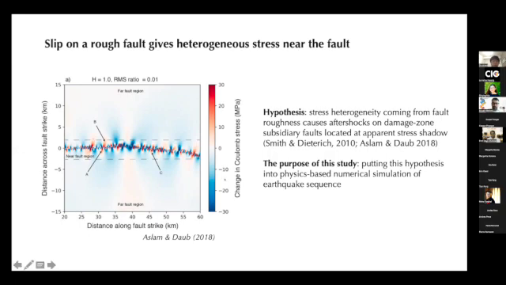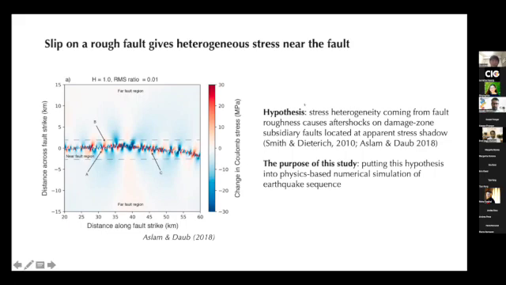The Coulomb stress is increasing after the earthquake. So we can make a hypothesis for earthquakes happening at conventional stress shadows. The hypothesis is that stress heterogeneity coming from the fault roughness causes aftershocks on damage zone subsidiary faults, which are located at an apparent stress shadow.